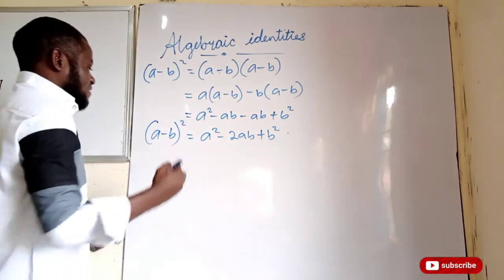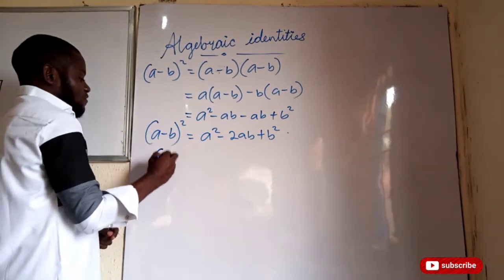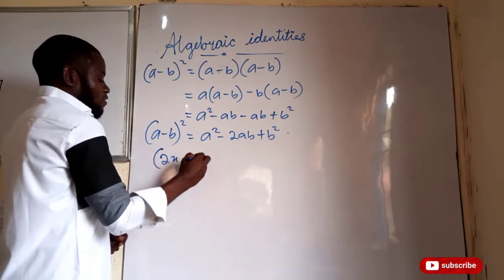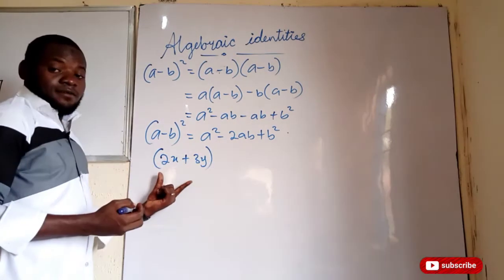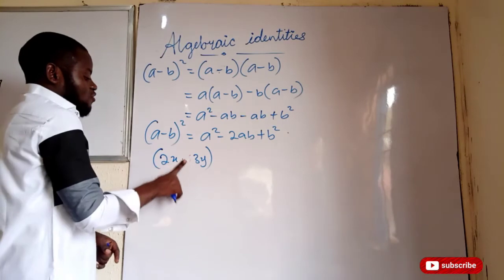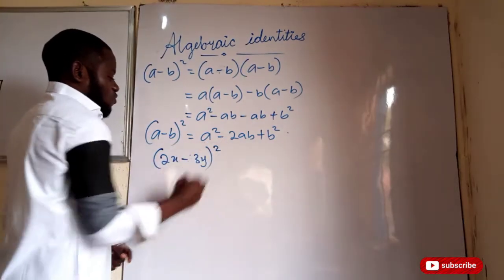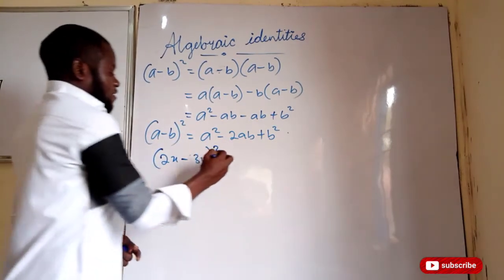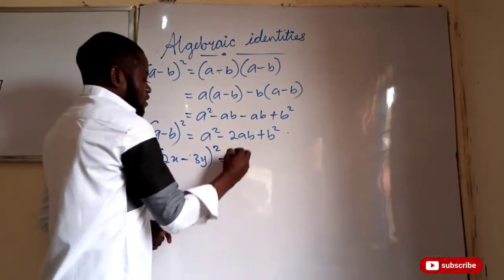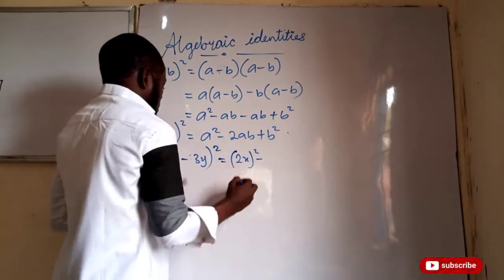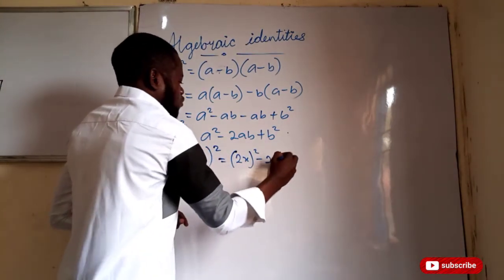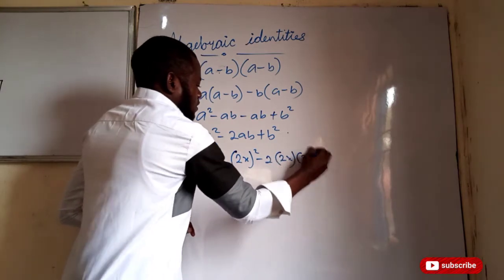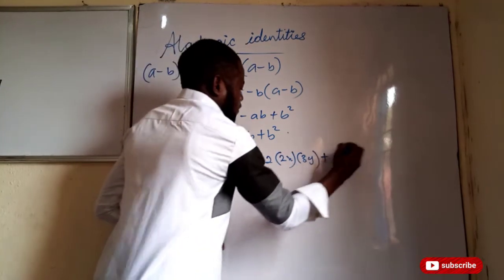Okay, let's take a look at an example. If I have 2x plus 3y, just like I had before, let this one be minus, rather, all square. Are we together? So our result is just going to be (2x)² minus 2 into 2x and now 3y, then plus b².